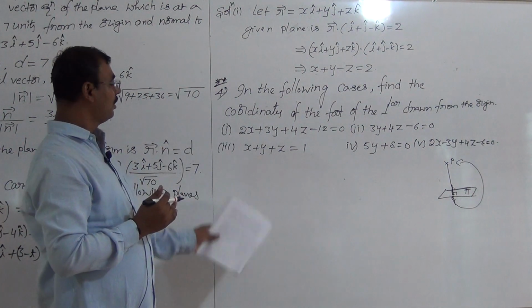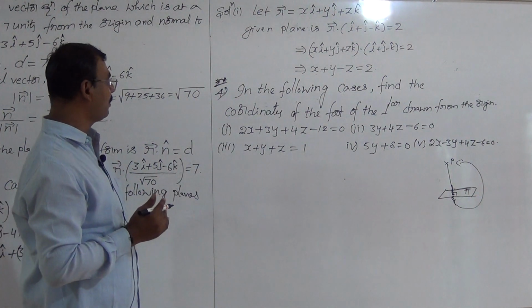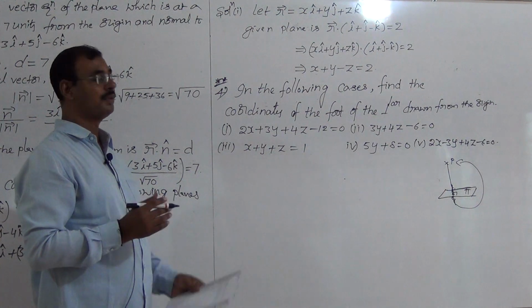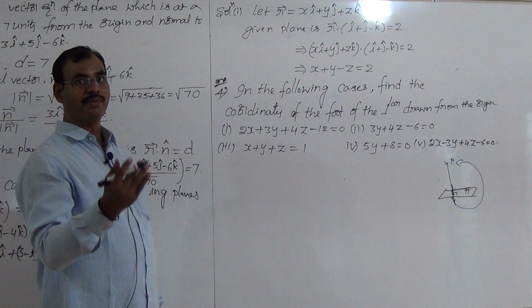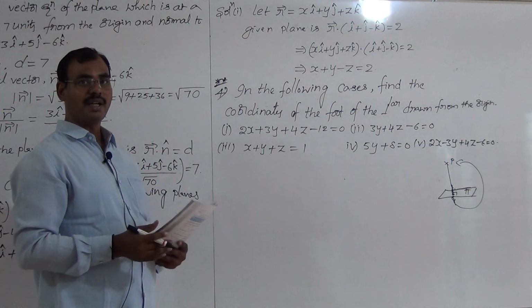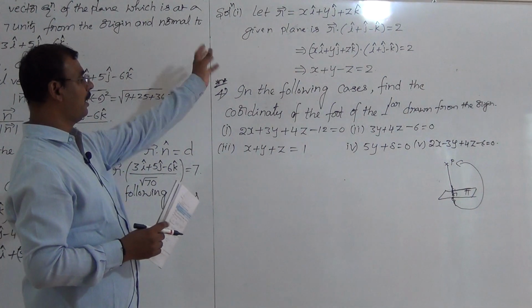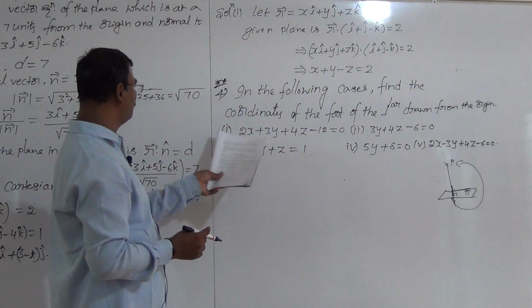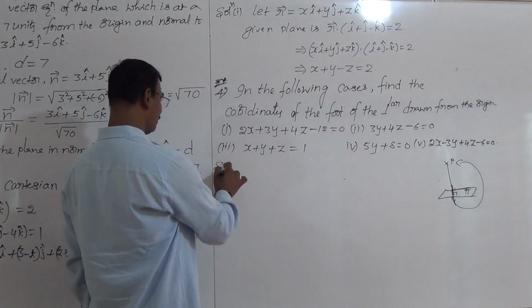So we should convert into the simple form. And remember the foot of the perpendicular formula: l into d, m into d, n into d. l, m, n are the direction cosines. d is the perpendicular distance of the plane from the origin. We already know how to convert, so follow that simple method.